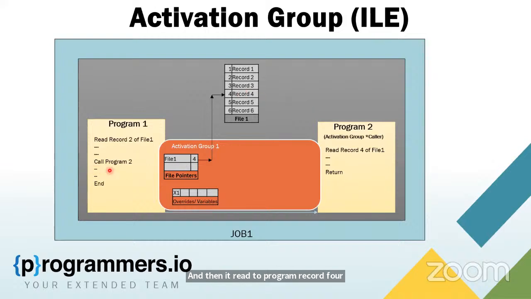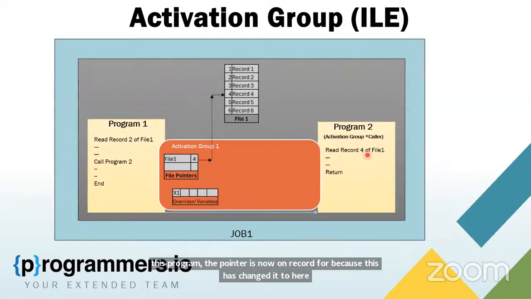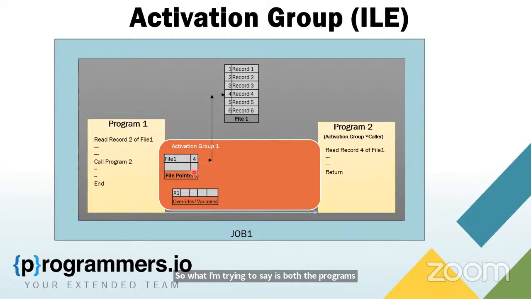Now in program 1, the pointer is on record 4 because program 2 has changed it. So both programs are using the same activation group and the same resources defined in the activation group.